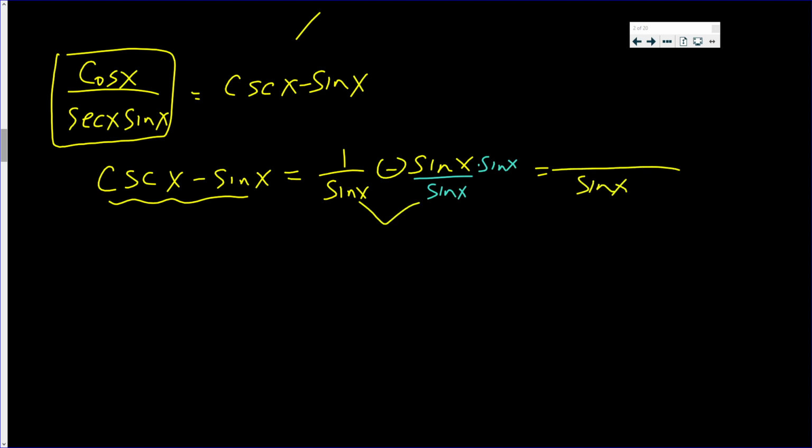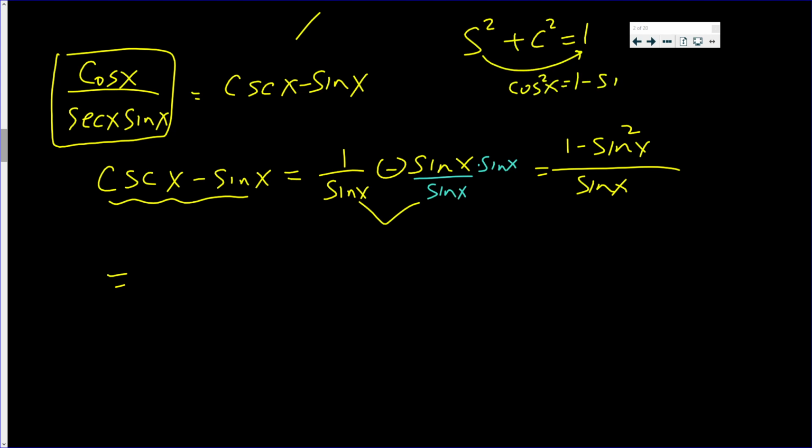I keep it the same, and I get 1 minus sine x times sine x. That is sine x squared. But remember, sine squared x plus cosine squared x is 1. If I bring that to the other side, I get cosine squared x is 1 minus sine squared x. That's cosine squared x over sine x.